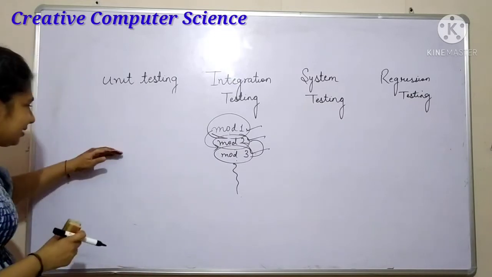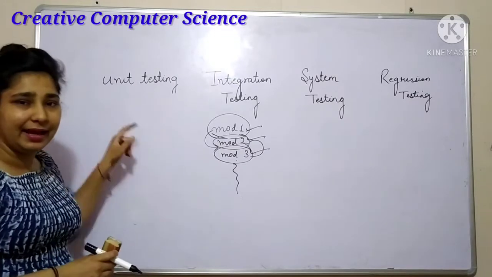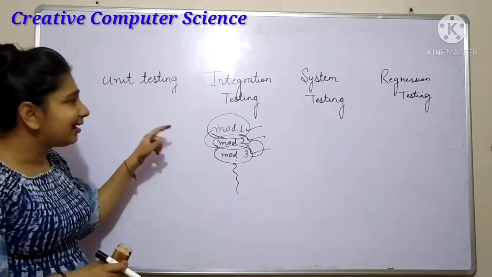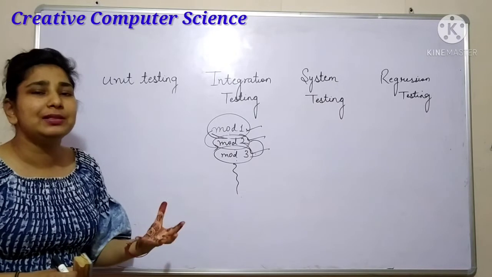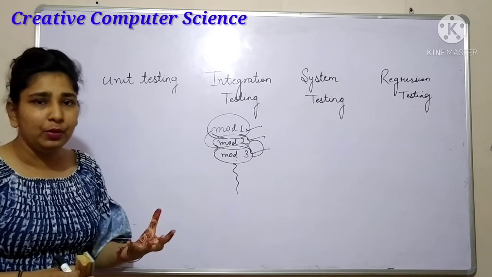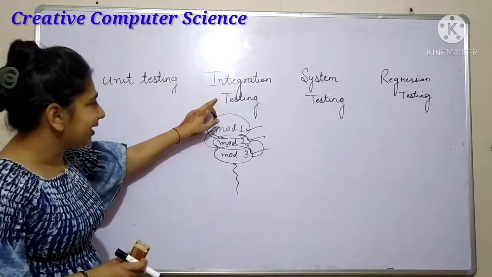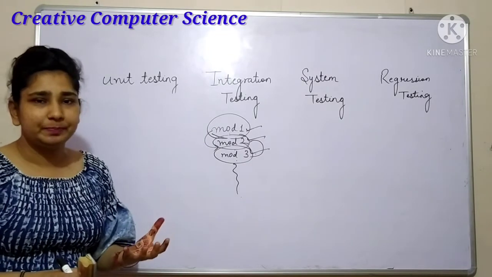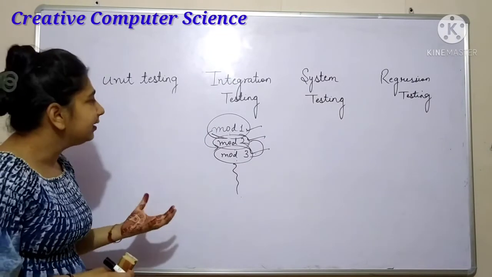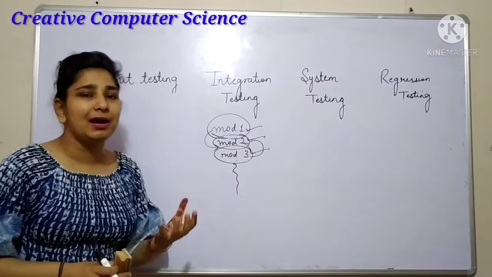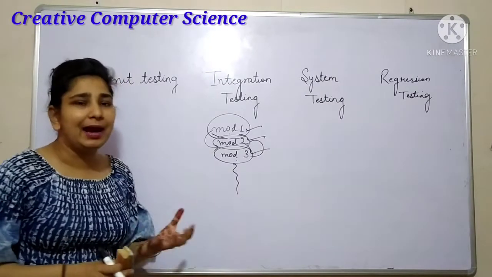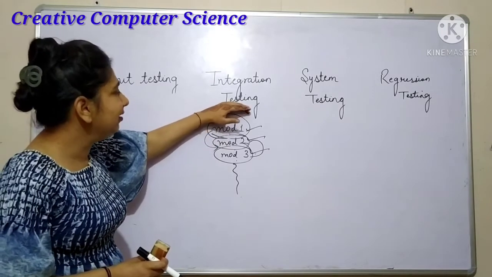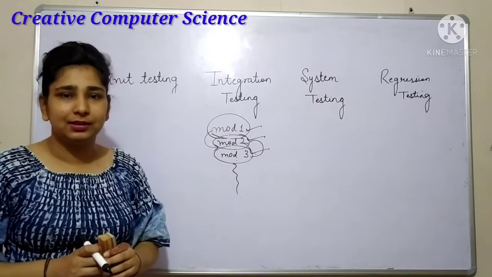Like in this example, your class A was invoking the class B. In that kind of testing, two modules are connected now. Integration testing is done by combining the modules. You have not tested your complete product yet, but you are combining modules so that you can test the software product.